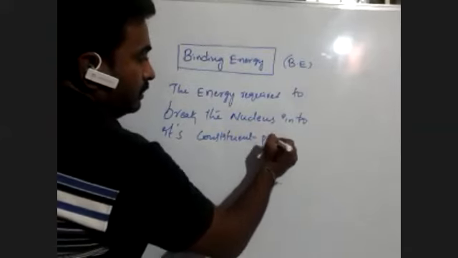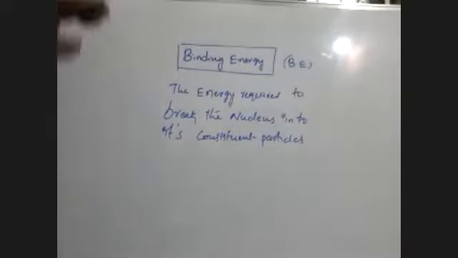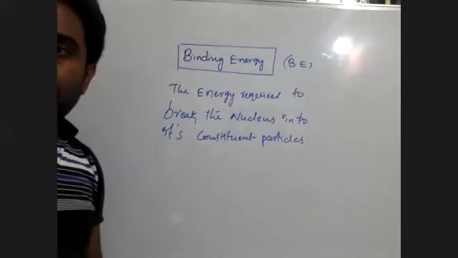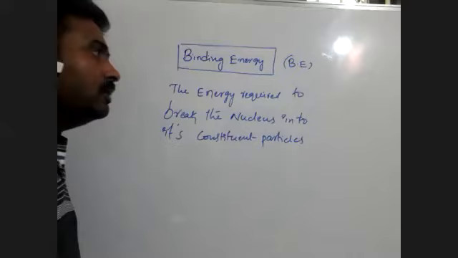Constituent particles means protons and neutrons. Energy required to break the nucleus into its constituent particles is known as binding energy. But are you really breaking the nucleus? Yes, if it is necessary, you have to break the nucleus.